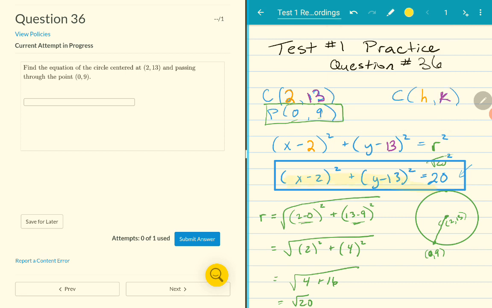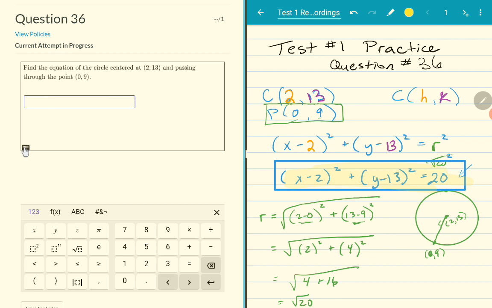Okay, so now to enter that into my test, I'm going to use the keyboard. I type x minus 2, then use my arrow key to get past that parenthesis, squared. I can use this, or I can do a caret 2.